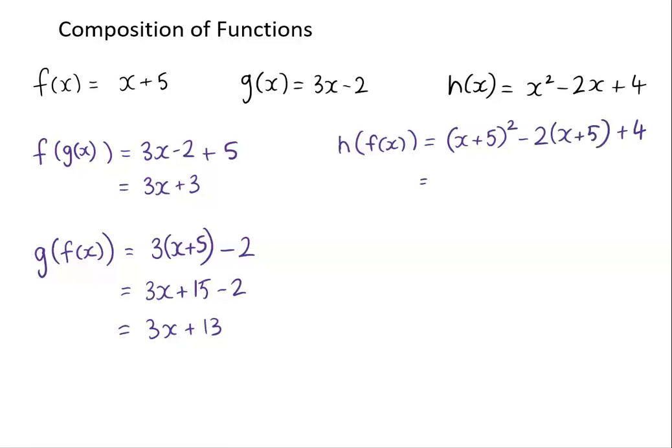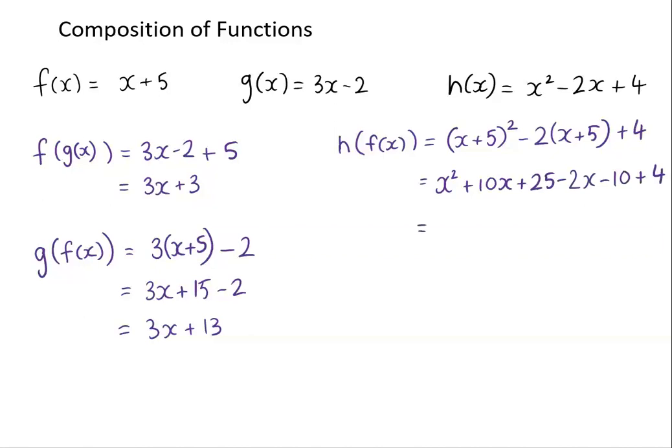So to expand this, we either use our FOIL rule by writing it as x plus 5 times x plus 5, or we can use the perfect squares expansion if you recognize that, which is a squared, so our first term squared, plus 2 times a times b, or 2 times x times 5, so 10x, plus b squared, plus 5 squared, that's 25, minus 2 times x, 2x, minus 2 times 5, minus 10, plus 4.